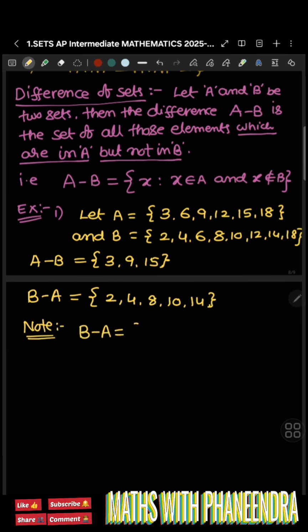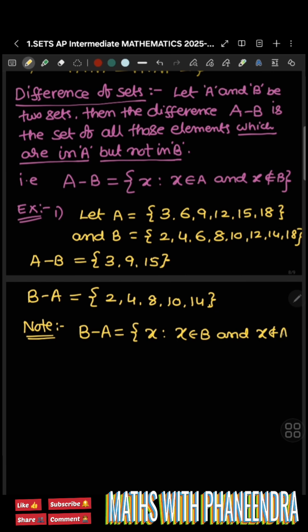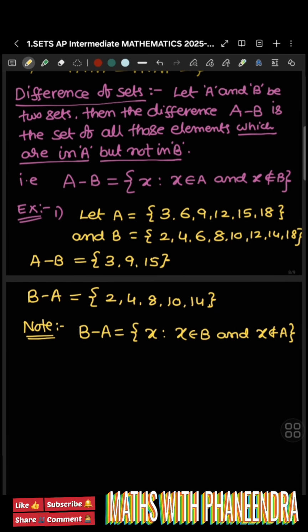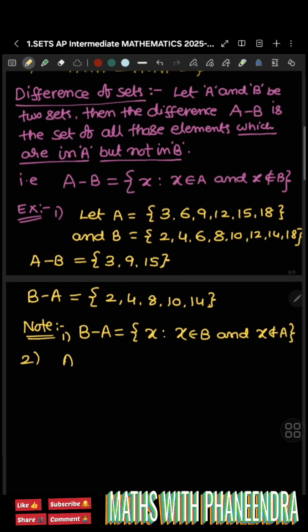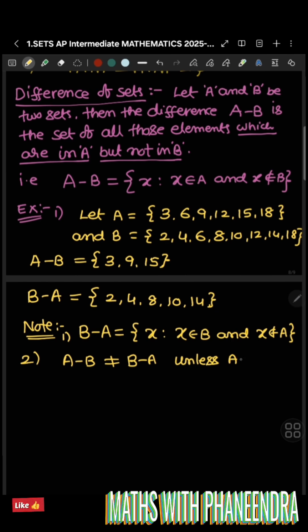B minus A equal to x such that x belongs to B and x does not belong to A. Okay, dear students, this is about B minus A. Note number 2: A minus B is not equal to B minus A. You observe that from this. Unless A is equal to B. If A equal to B means A minus B and B minus A both are same.